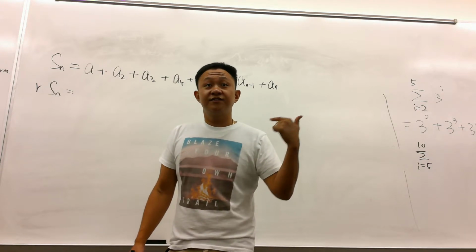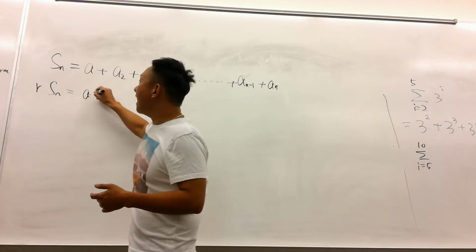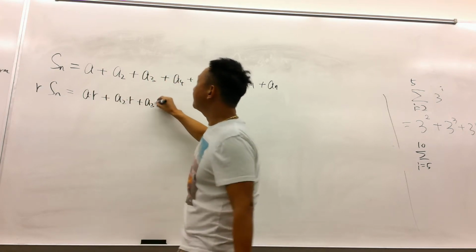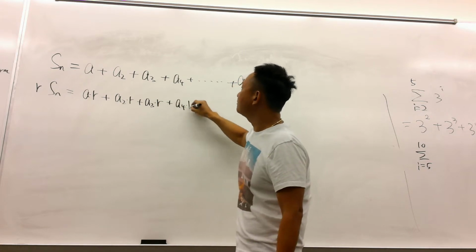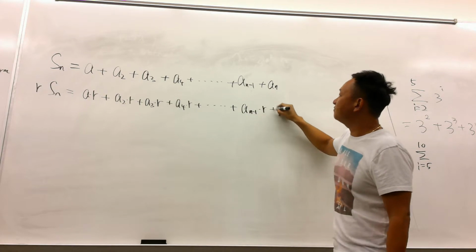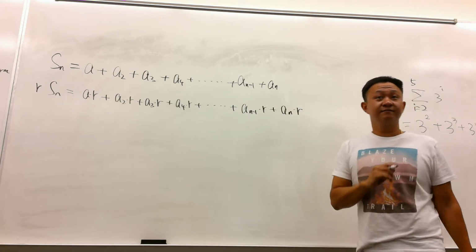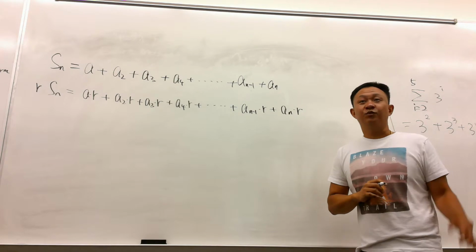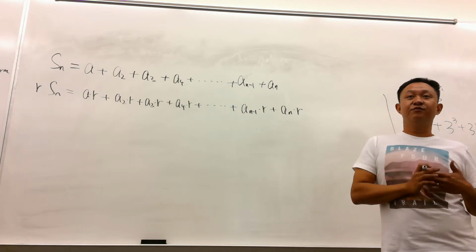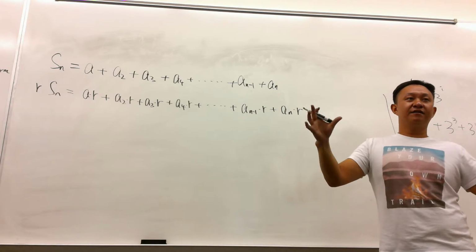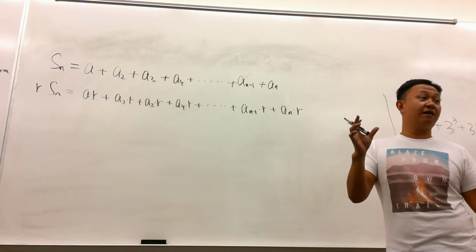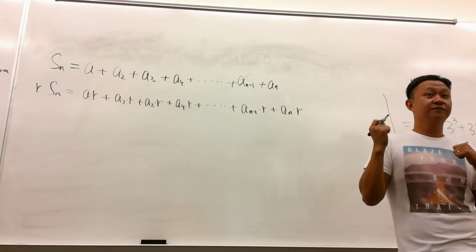So it's going to be A times R, plus A2 times R, plus A3 times R, plus A4 times R, and so on, until A sub n minus 1 times R, and then plus the last term A n times R. I multiply a number on both sides of the equation, but the right-hand side is a big expression, so you need to distribute this multiplication on every single term. We cool, guys?